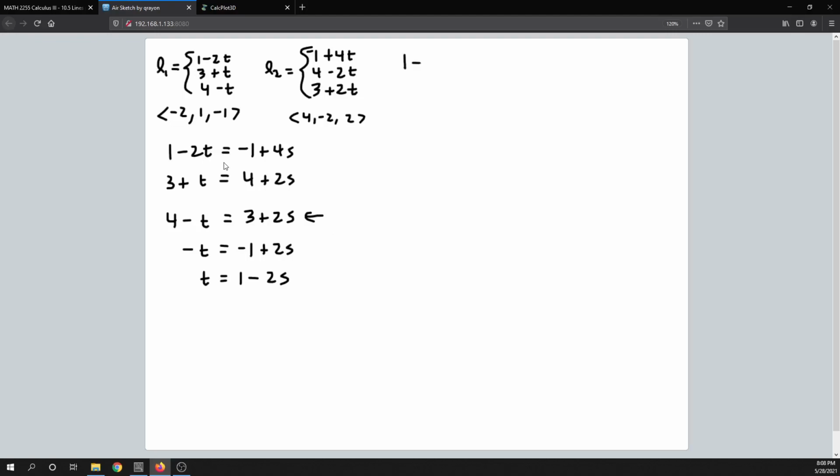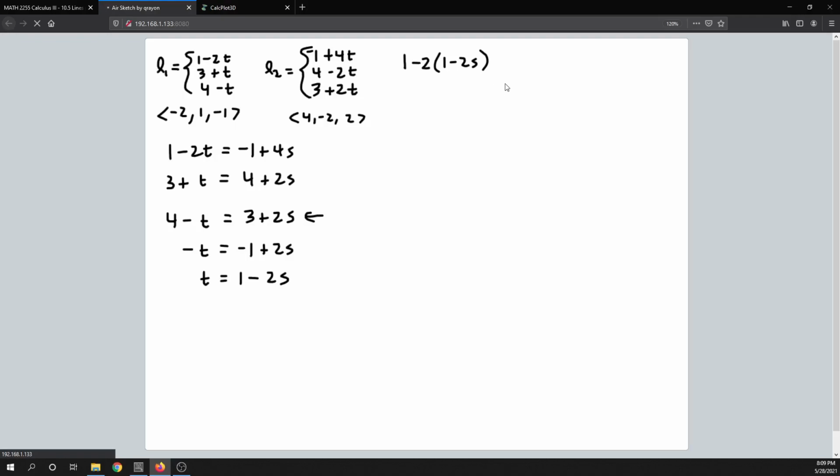So I have 1 minus 2, and then t is equal to 1 minus 2s.